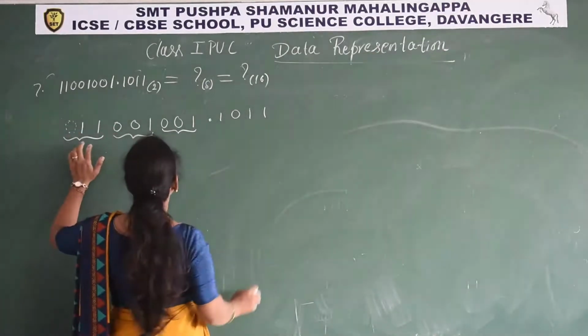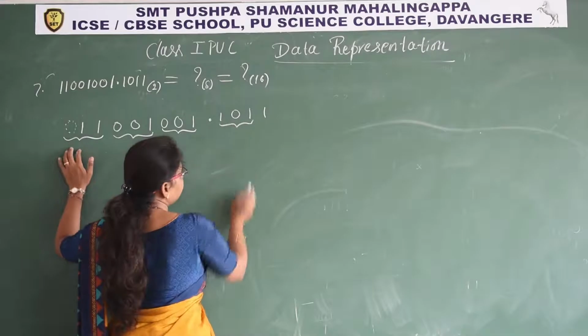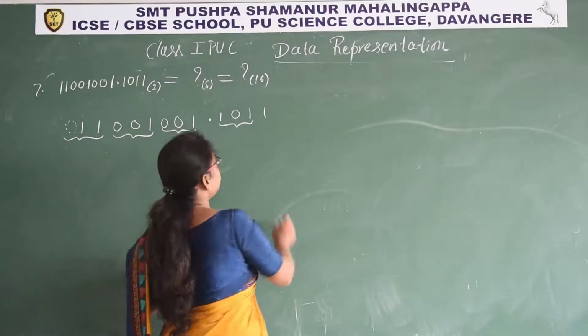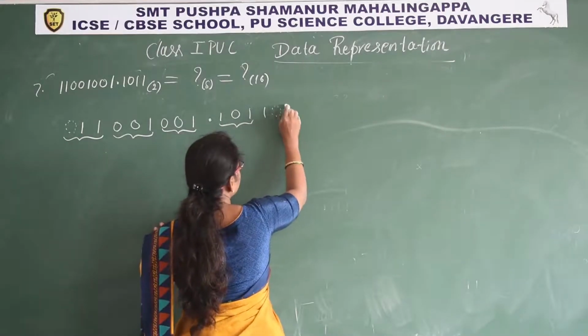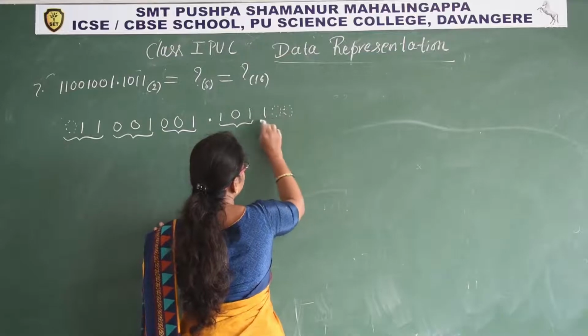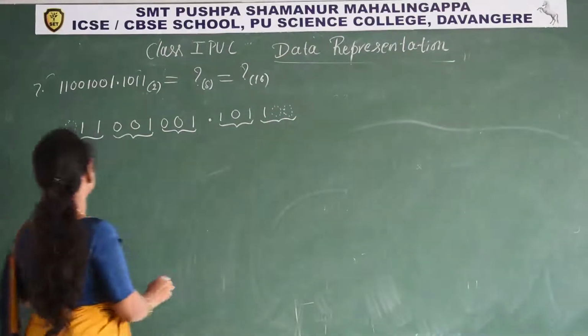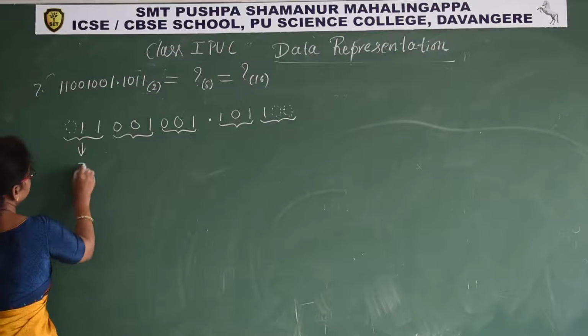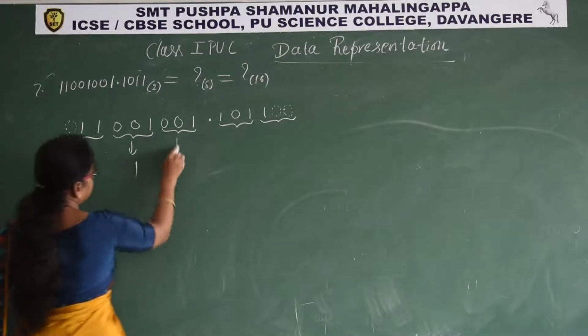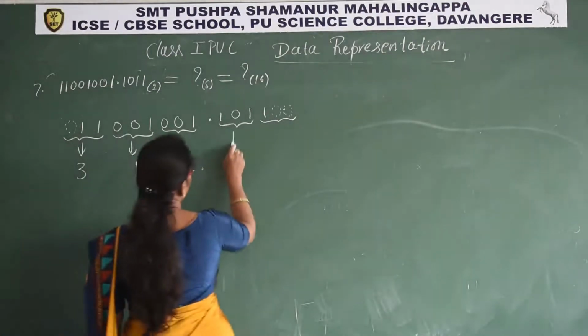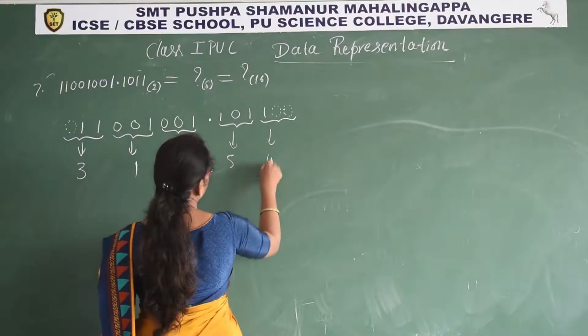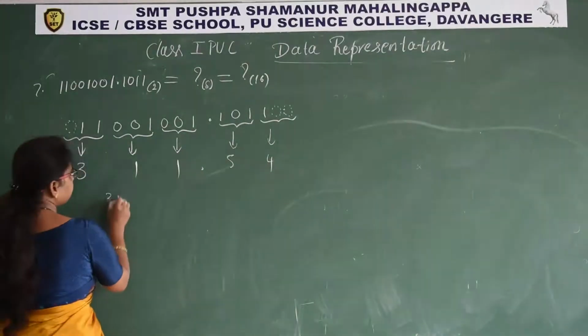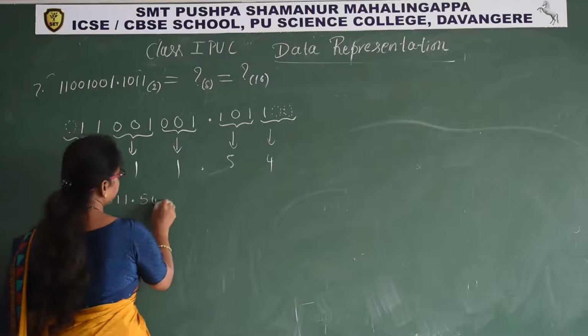For the fractional part, start from the MSB. 2 bits are required here, so 2 dotted zeros. Now 3, 1, 1 point 5, 4. So 311.54 base 8.